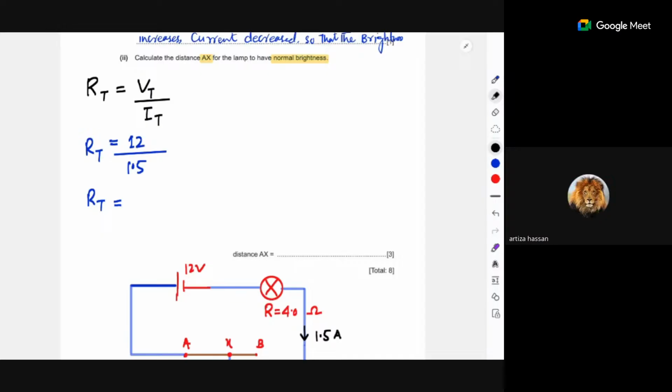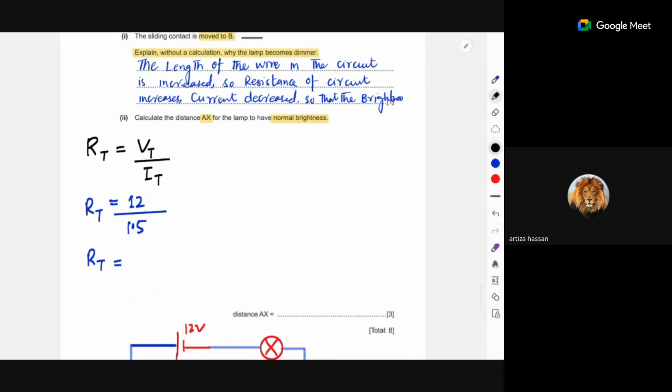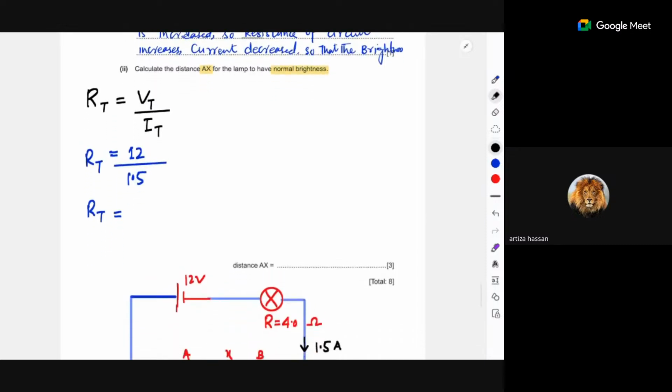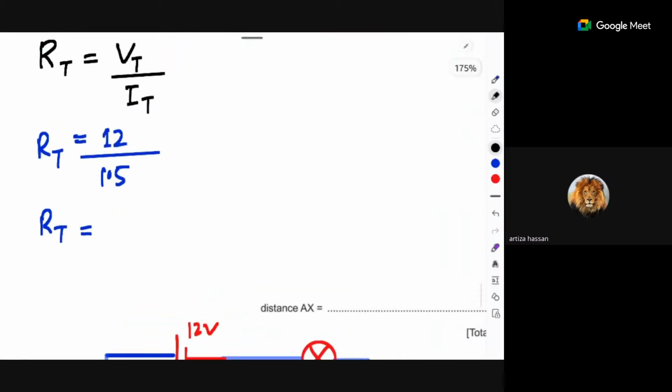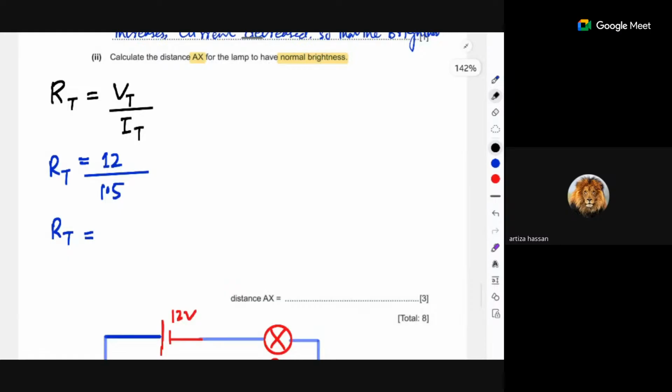This is the total resistance RT of the circuit required to provide 1.5 ampere current.